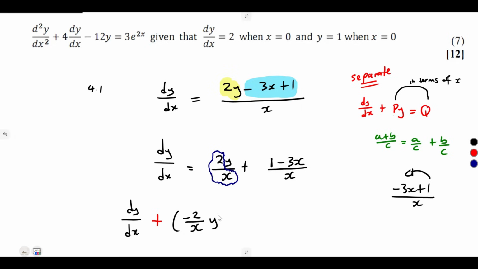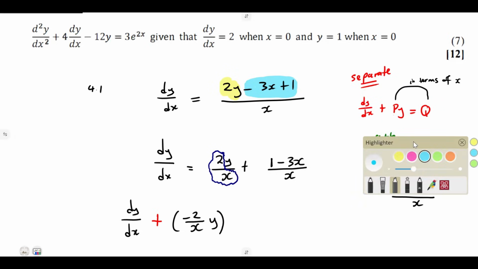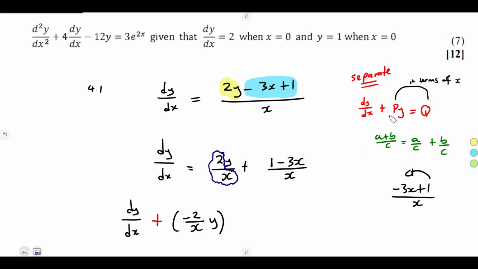Here I'm just writing it in a way that we can all understand in terms of the format plus py. So this is our p, in terms of x. You can properly see dy/dx on its own plus the part of y on its own.